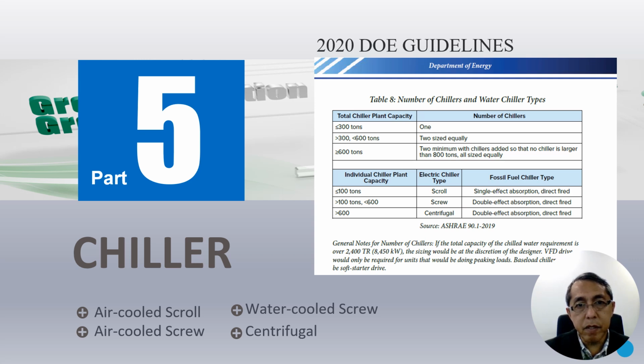For the independent chiller type, electric type chiller, if it's less than 100 tons, you use scroll. If it's 100 tons to 600 tons, you use screw chiller. If it's more than 600 tons, you use centrifugal chiller.